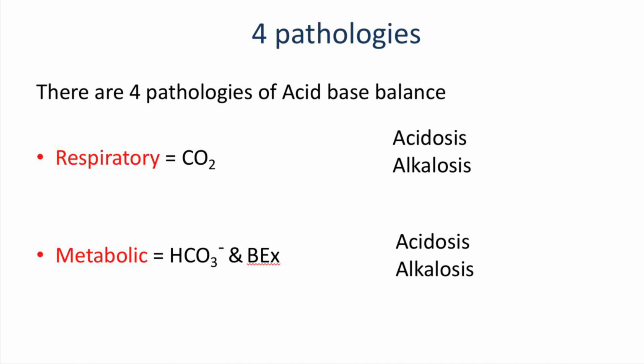So when we think of acid-base disorders, we can think of respiratory disorders, that's due to carbon dioxide changes, or metabolic disorders that are due to bicarbonate or base excess changes. Each of the respiratory or metabolic disorders can cause an acidosis or an alkalosis. So in a way, there are four main types of acid-base disorder.